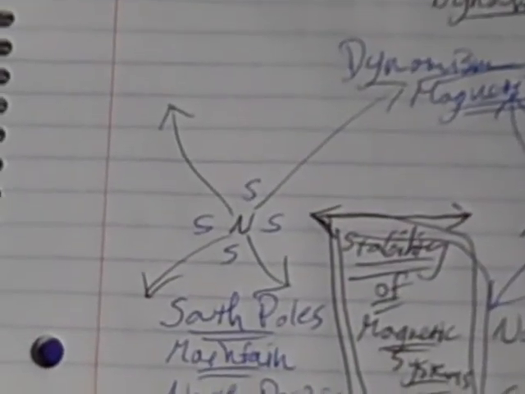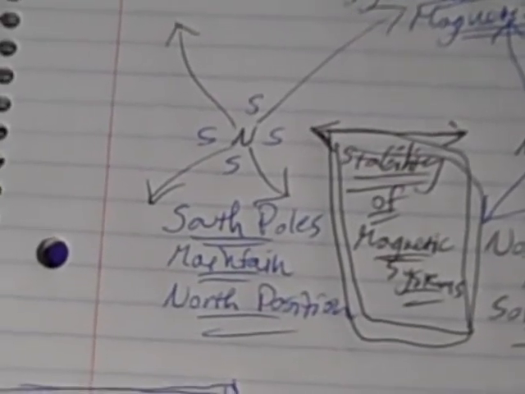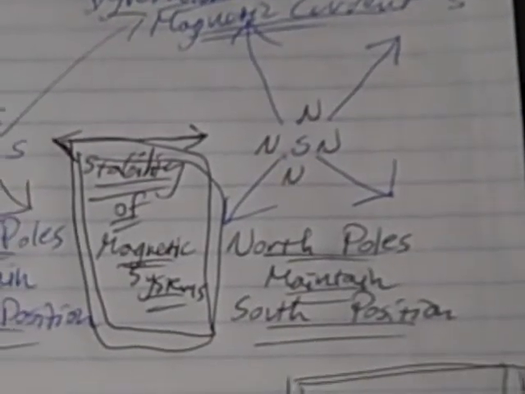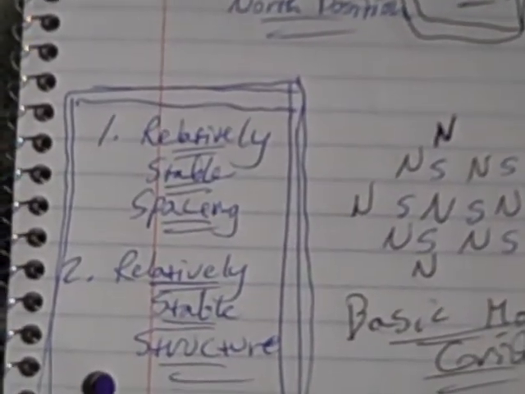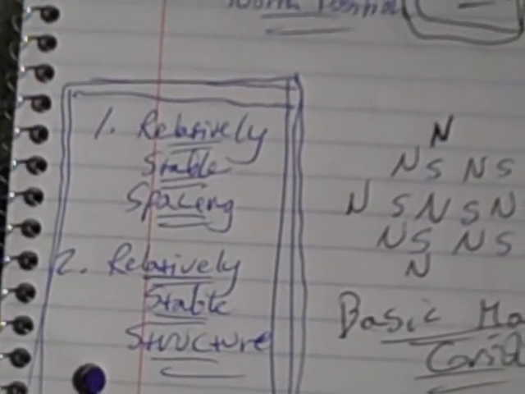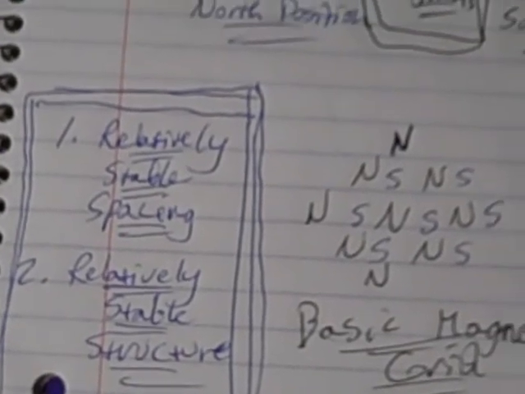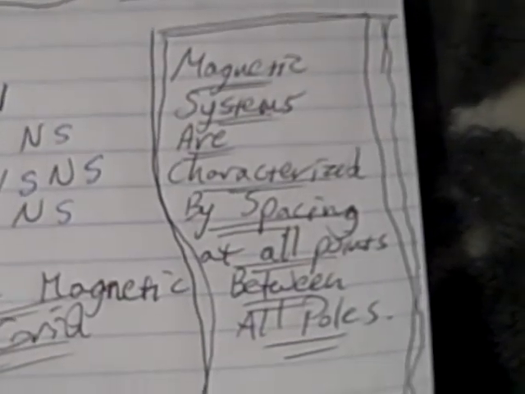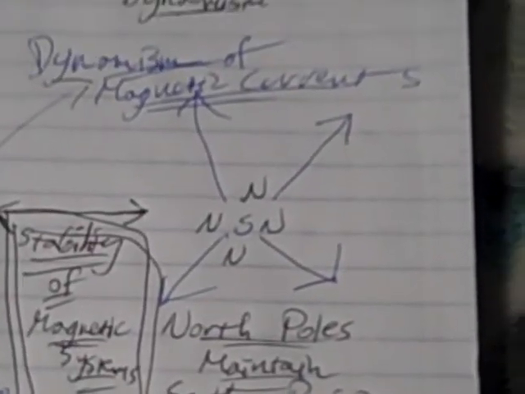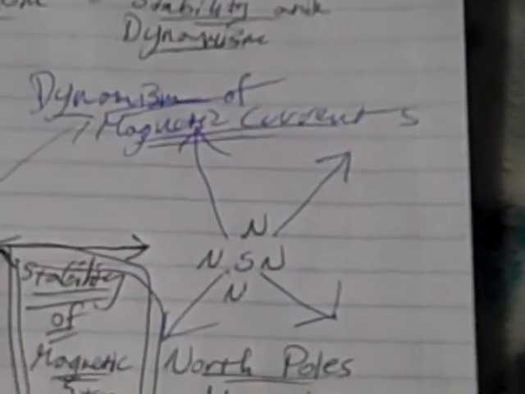So when you look right here, if you're going to map out reality from a magnetic standpoint, you're always going to have this very ordered spacing that's relatively stable. It might change, and it may alternate in certain ways, but you will always have this magnetic spacing, due to magnetic currents at all points and between all poles, north and south.